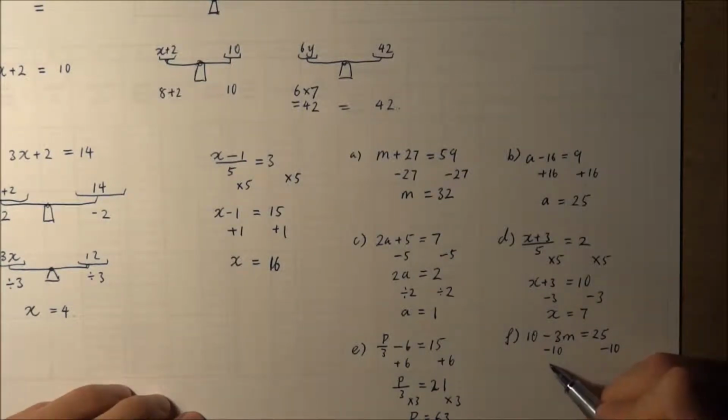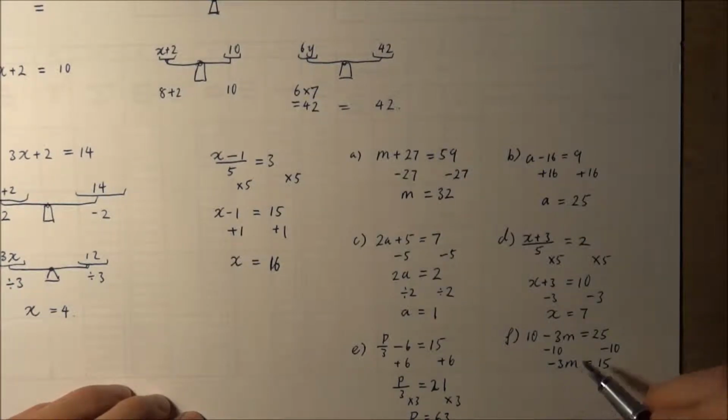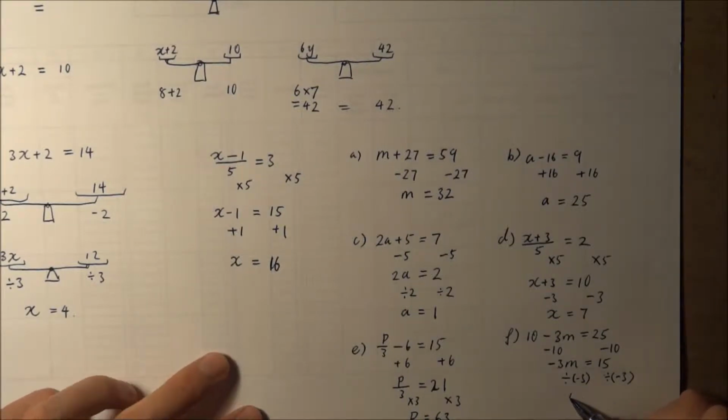So we end up with minus 3m equals 15. Now we cancel out the minus 3 by dividing by minus 3, which we have to do to the other side as well. So we end up with m equals minus 5.